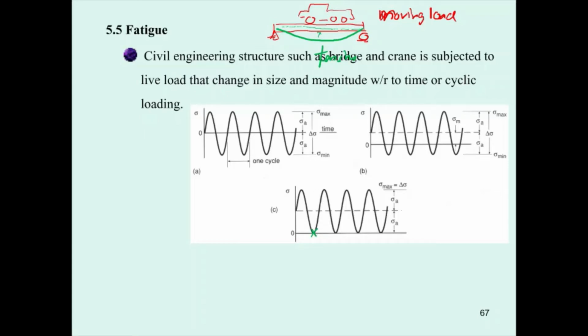Then when the truck comes, the stress goes up in tension to a maximum, and when the truck passes by, the stress drops down to 0. This happens every time the truck passes. So the bridge is a structure subjected to live load that changes in magnitude with respect to time, which we call cyclic loading.